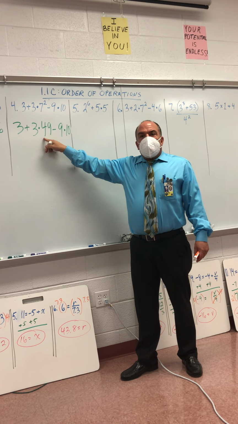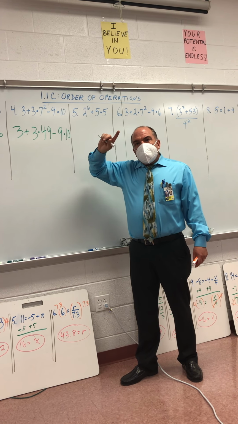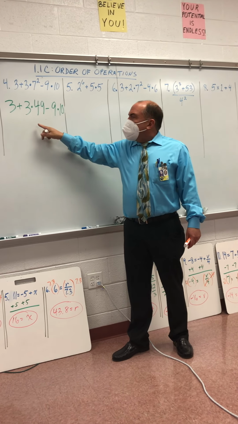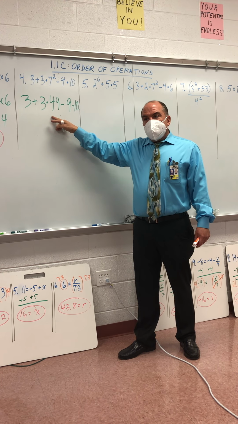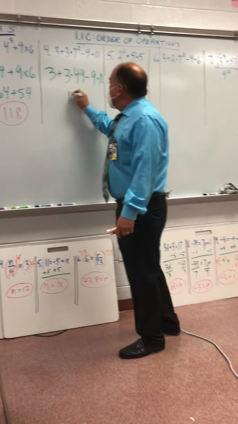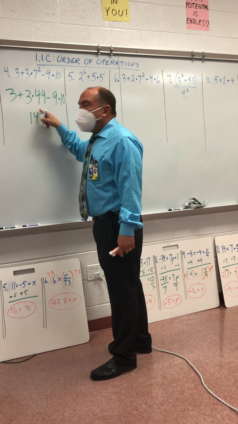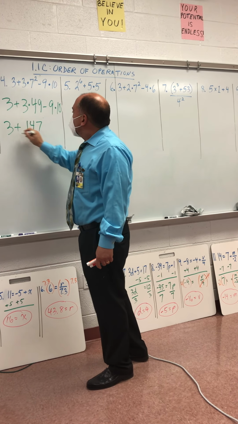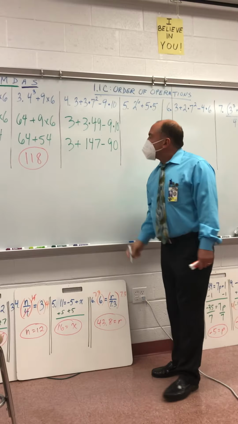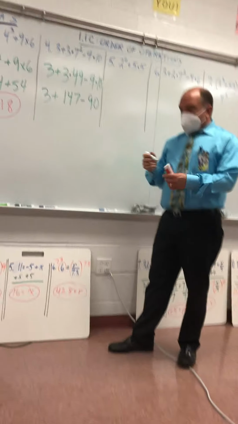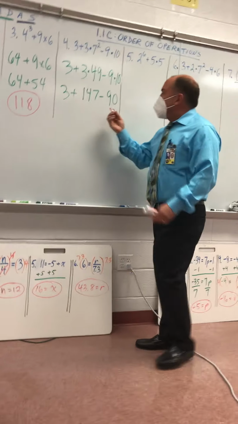So 3 times 49 is just 3 less than 3 times 50. So if I do 3 times 50 is 150 minus 3, that's 147. 3 times 49 is 147. 9 times 10 is 90. 3 plus 147 is 150 minus 90 is 60.